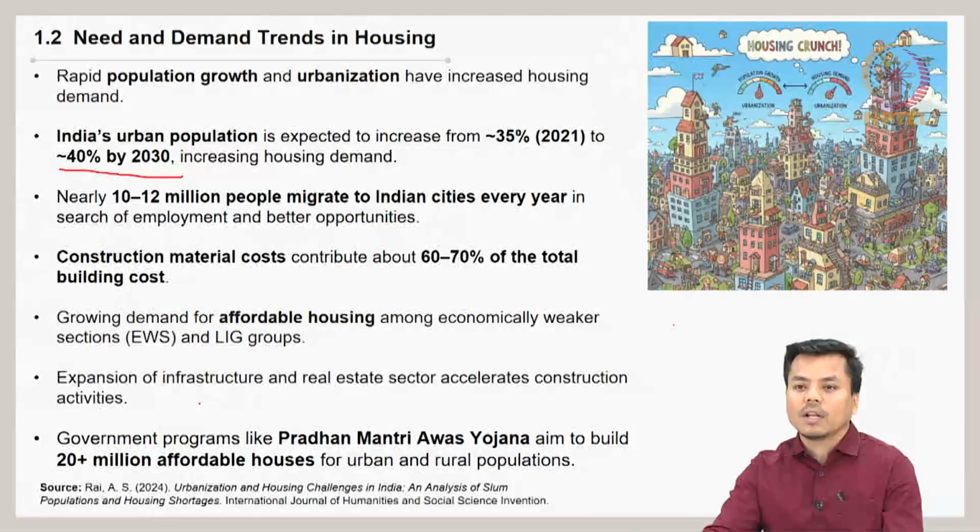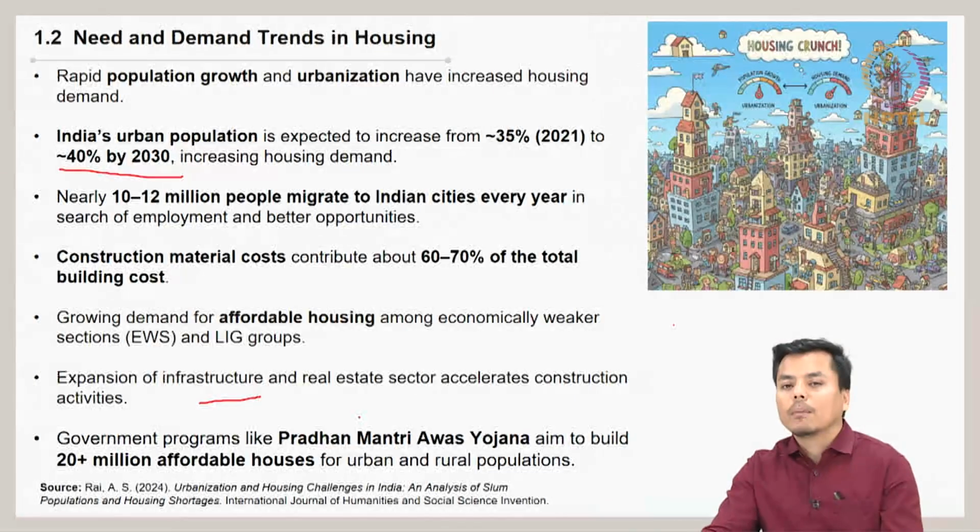Expansion of the infrastructure and real estate sector accelerates construction activities, so there also is a need for low cost construction. Government programs like Pradhan Mantri Awas Yojana, PMAY, in urban as well as rural areas, aim to build at least 20 plus million affordable houses.